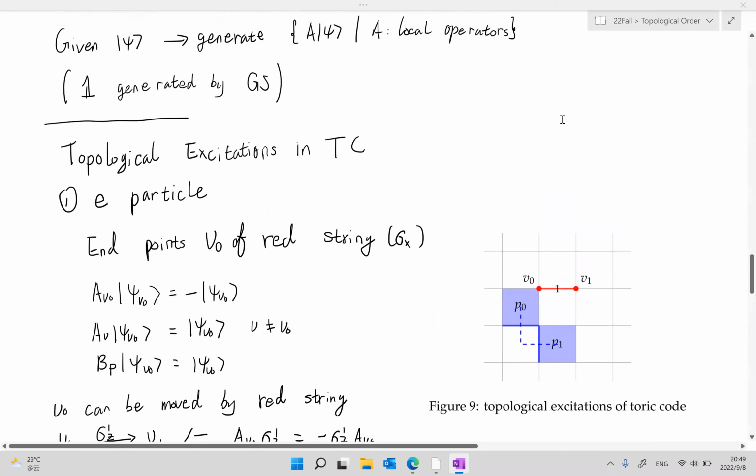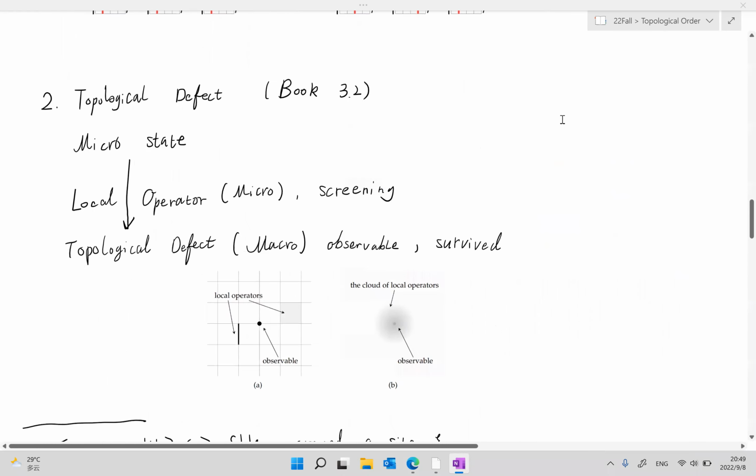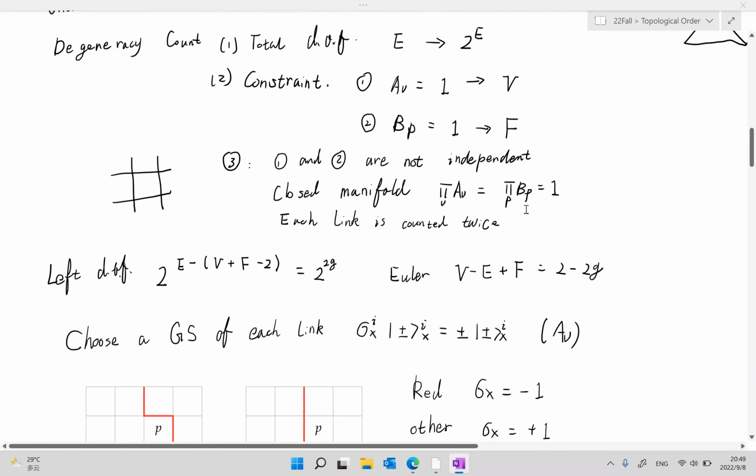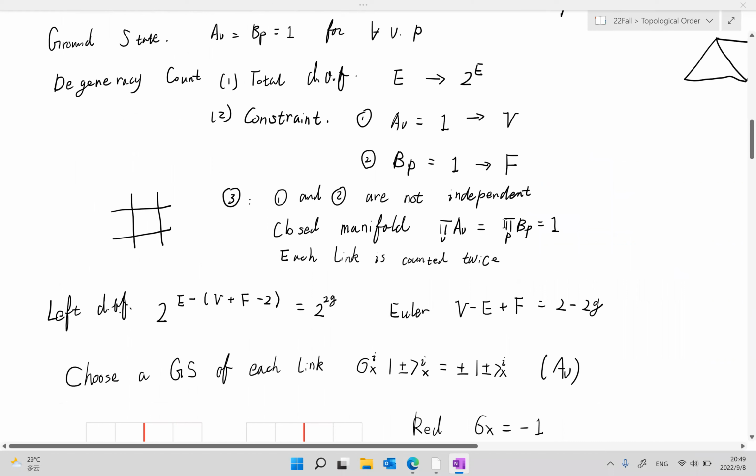It's here. This constraint: all A_V operators multiplied together should give 1. And this is not a constraint on the ground state. This constraint is on all kinds of states.